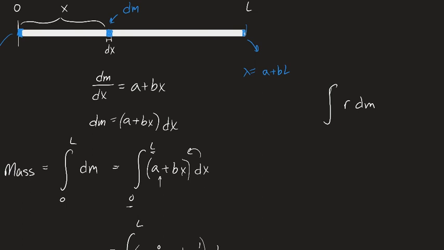The only thing we have to recognize is that we're going to change this to be the integral from 0 to L of x dm where dm is a plus bx dx. Everything is the same, except we're subbing in this where dm goes, and we already have a weighted average. Because remember, this is weighting it for where the actual mass is.